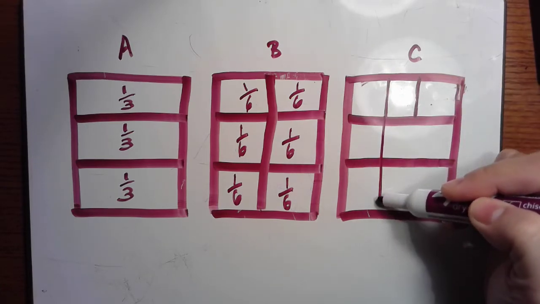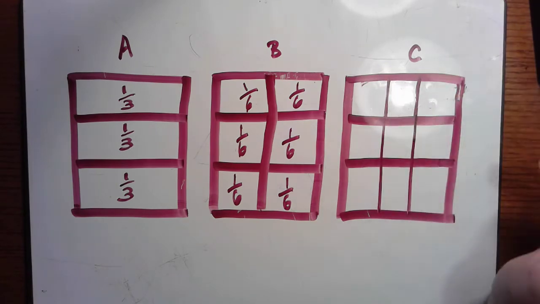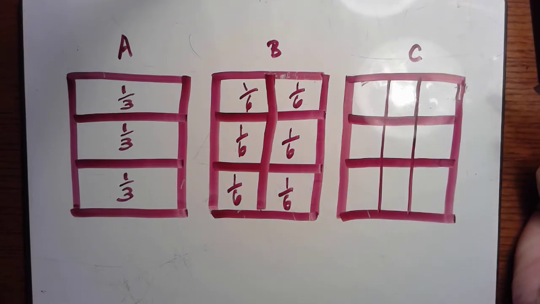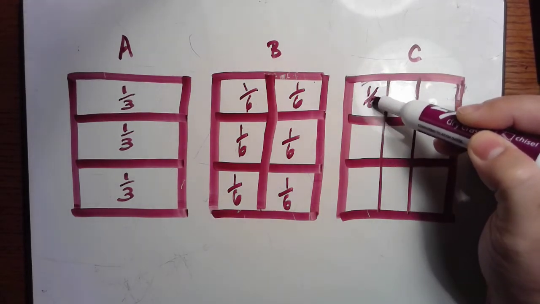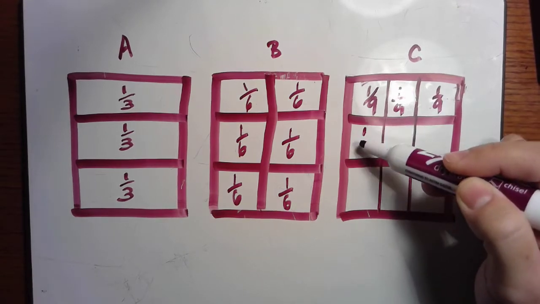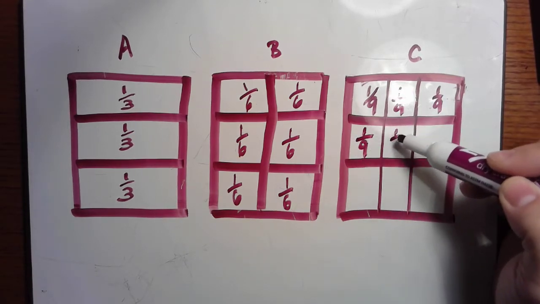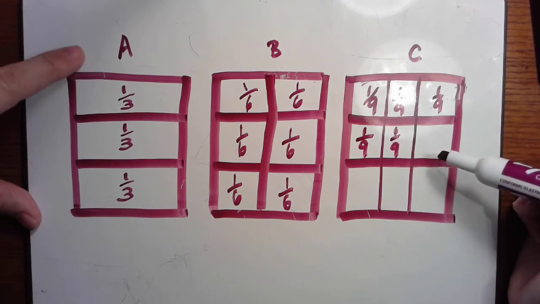And then I would continue to do that for each of the segments. So now what is my unit fraction? It's ninths. I have 9 parts shown here. And that is 3 times as many parts as in rectangle A.